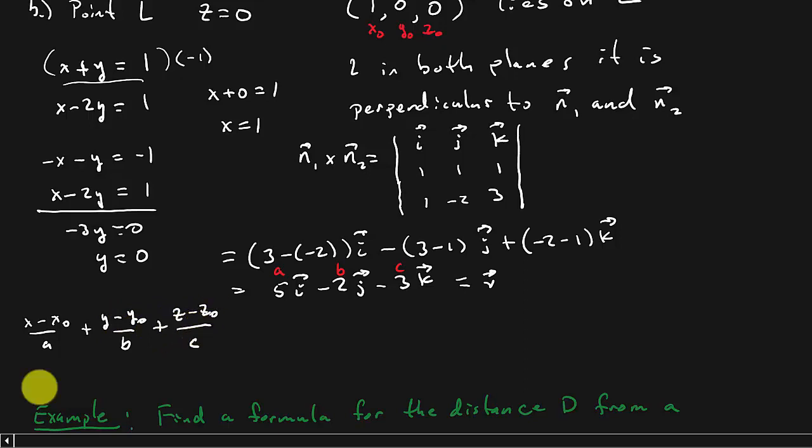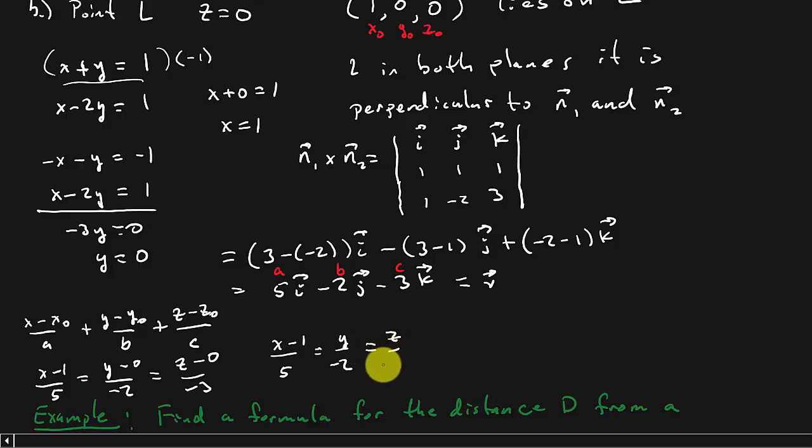And so that's just going to be x minus 1 over 5 equals y minus 0 over negative 2, which equals z minus 0 over negative 3, just plugging all that in. So that's x minus 1 over 5 equals y over negative 2 equals z over negative 3. And so there's your symmetric equations.